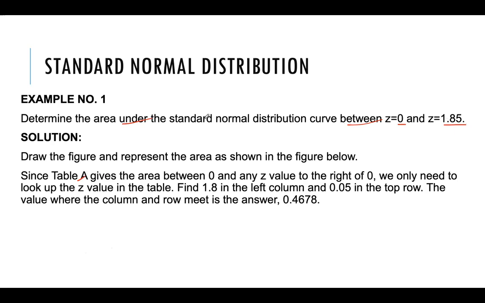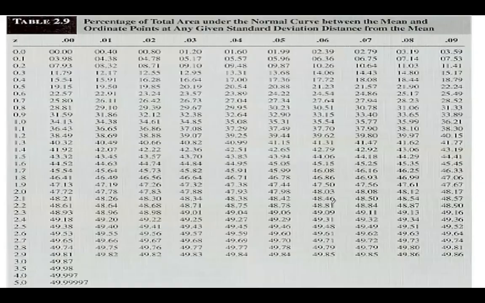So what we only need to look up is the z value of 1.85. Find the 1.8 in the left column and the 0.05 in the top row. So we will get 0.4678. Let's check that on the table.